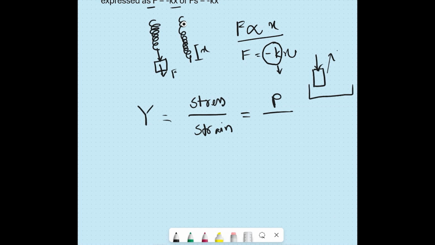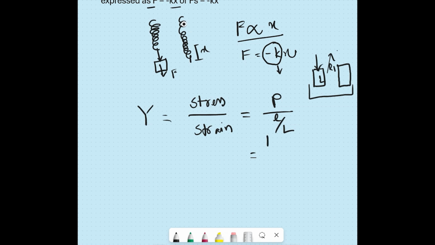Anyways, let's say the length is increased. So this is the increased length, and before it was L, right? So strain means the increased length over the original length. And what is the definition of pressure?